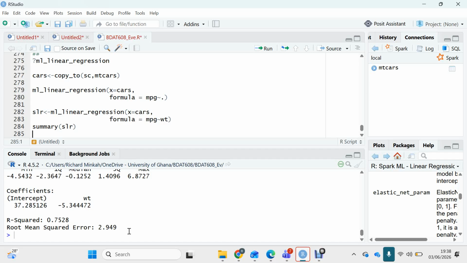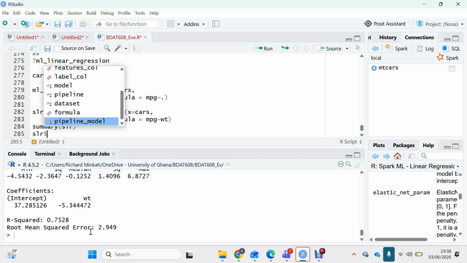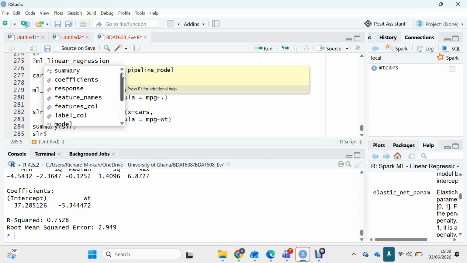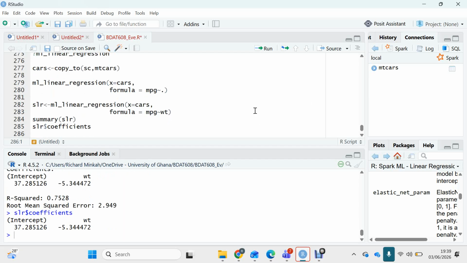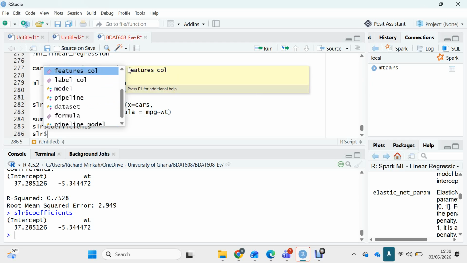Then you have some other low values, and these are the two values we see that are distinct at the bottom of the residual versus fitted graph. So it's good, but there are some cars that deviate from the model.